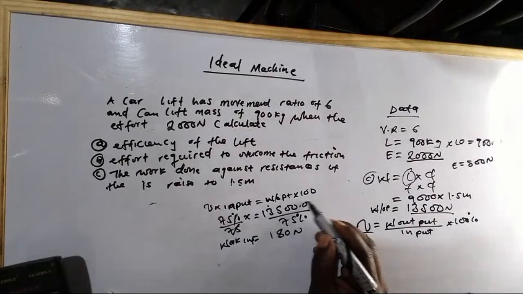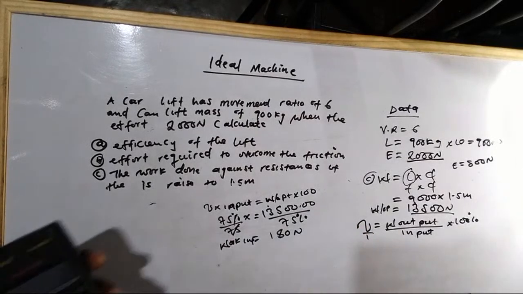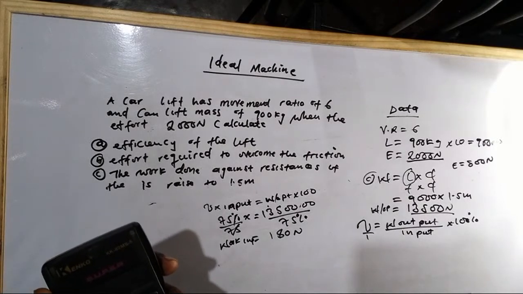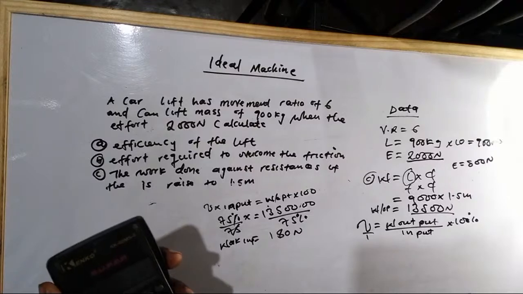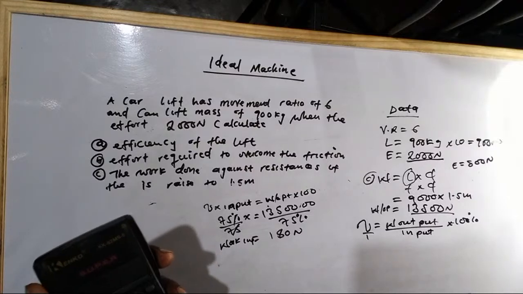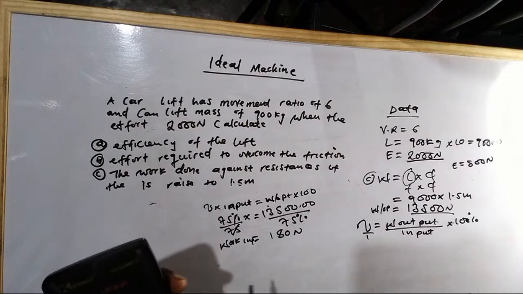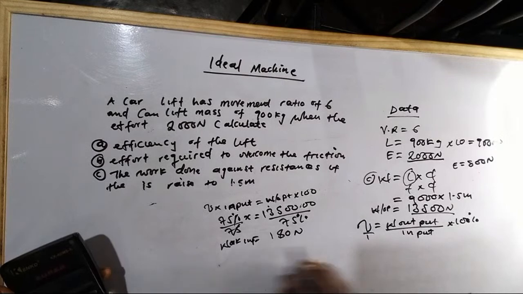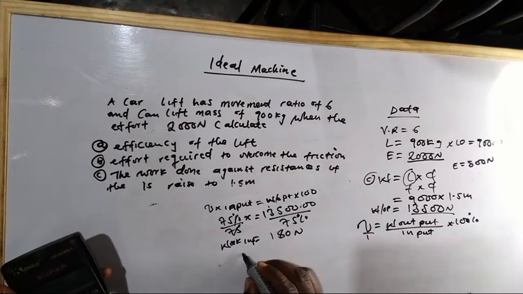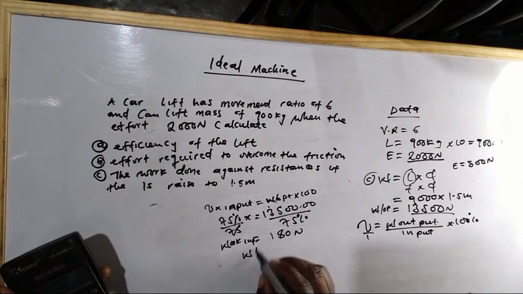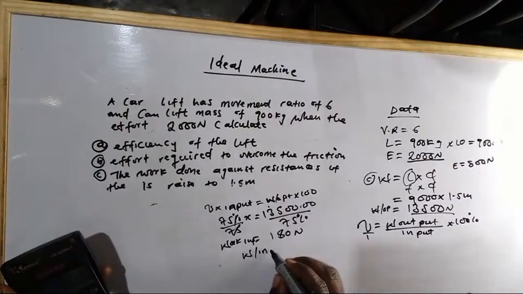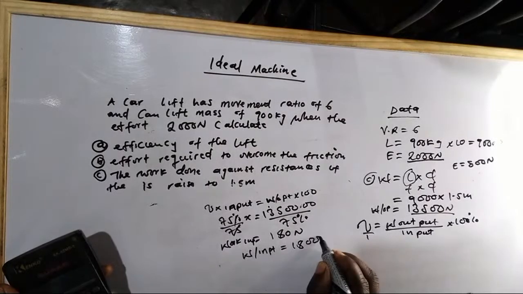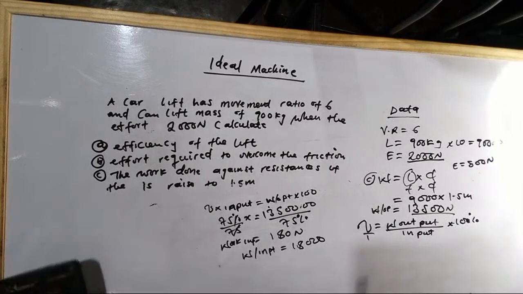So we're going to have two zeros here: 13,500 with two zeros, then you divide it by 75, you are going to have 18,000. This is the work input.